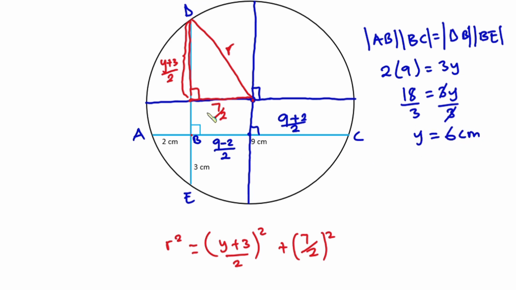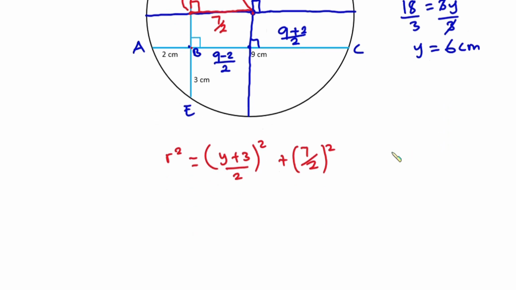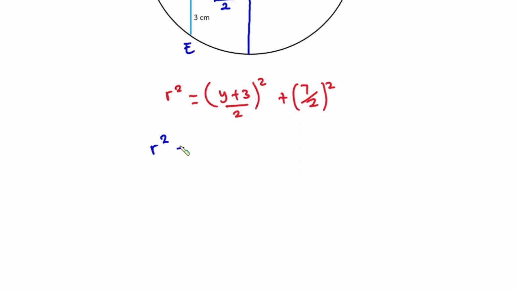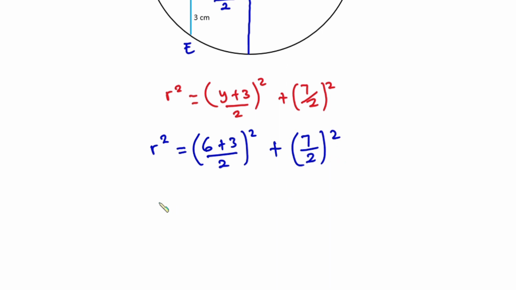So it means that the distance from this point to this point is 6 centimeters. So in place of Y, let's put 6. So we have R squared is equal to ((6 plus 3) divided by 2) all squared plus (7 over 2) all squared. Now let's simplify this.